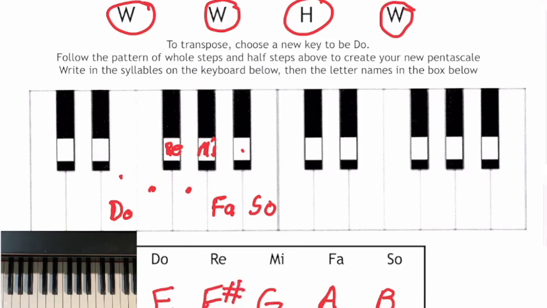So that's going to be F sharp, and we don't have regular G, but rather G sharp. We raised that half step, so G sharp, regular A, regular B. So our pentascale is E, F sharp, G sharp, A, B. Whole step, half step, whole step.